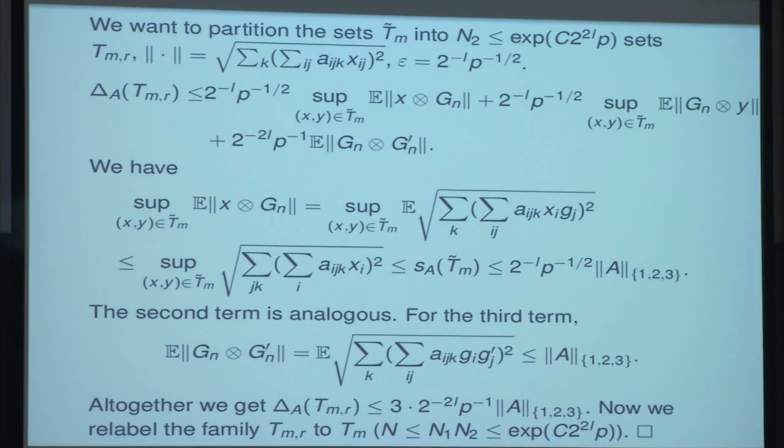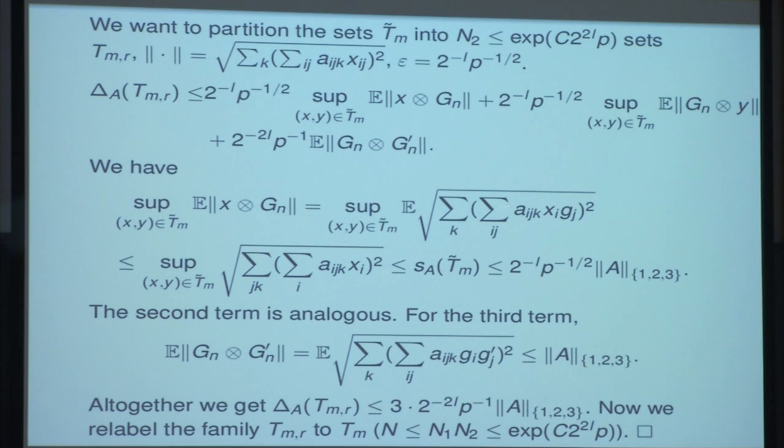So let's see how it behaves. When you take the norm, it is this one. When you take supremum over x, y in Tm, this depends only on the projection of t tilde m onto the first n coordinates, and you look at something like that. Well, you can just, again, use Hölder and bound the second moment of this guy.